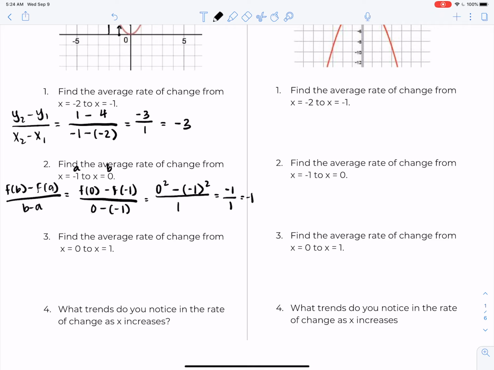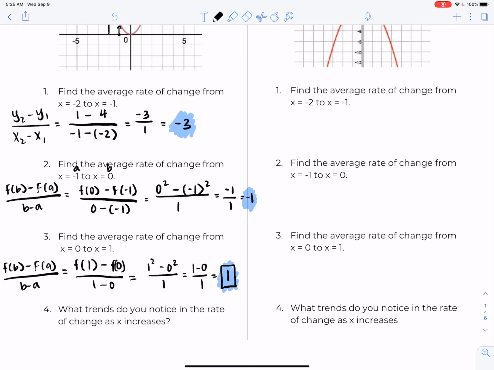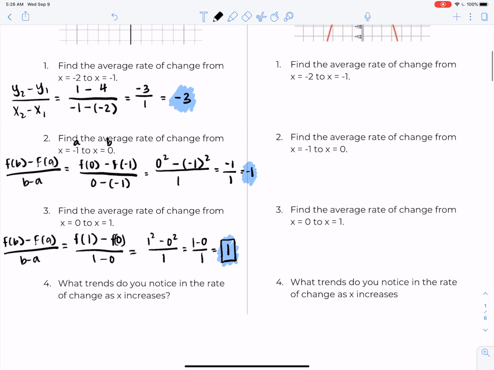Interesting. So we go from a rate of change of negative 3, and then it becomes a rate of change of negative 1. So I see that it's becoming less negative. It's increasing. Okay, so we can find one more, and I'm not going to talk it through. I'm just going to work it out and show you the work. So now we're going from negative 3 to negative 1 to 1 as x is increasing, because x goes from negative 2 to negative 1 to 0 to 1.